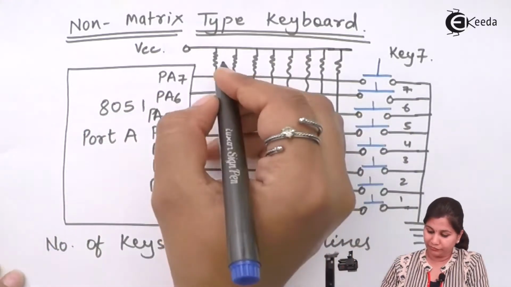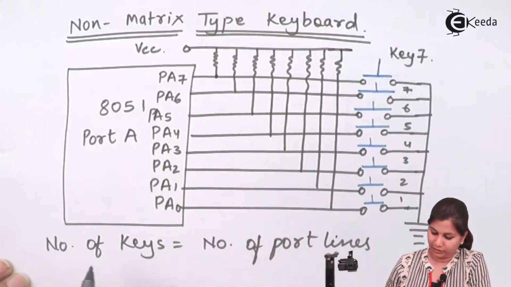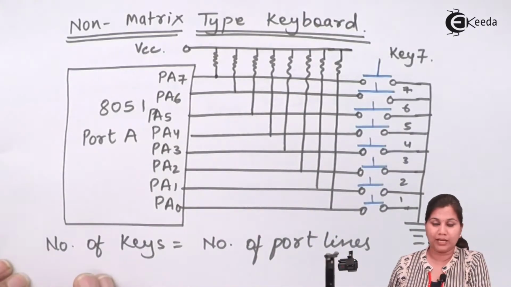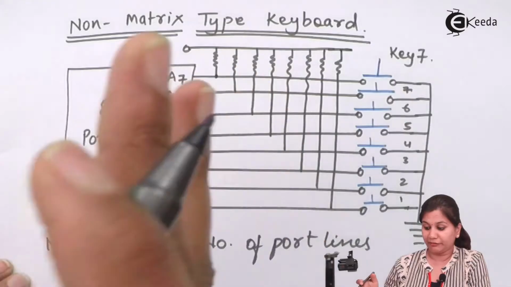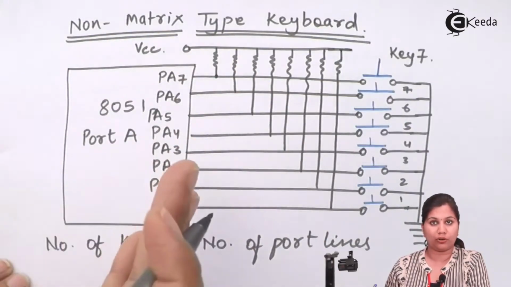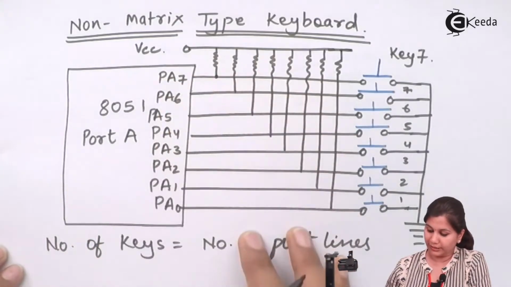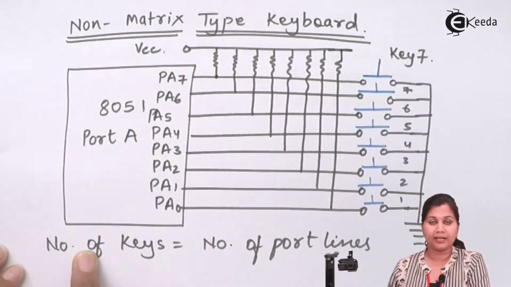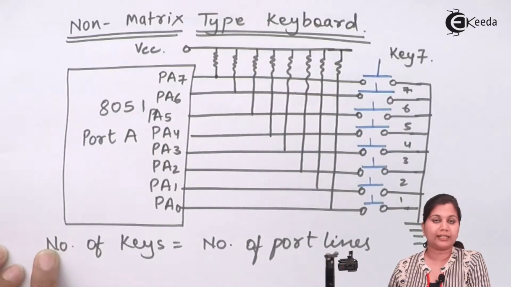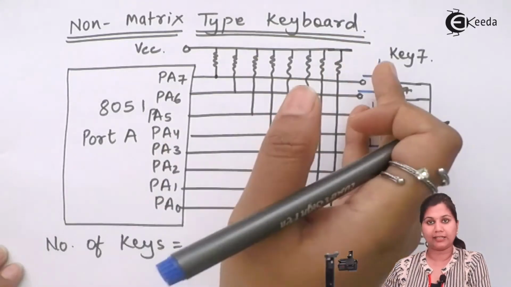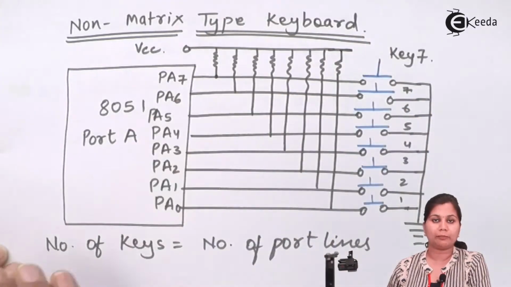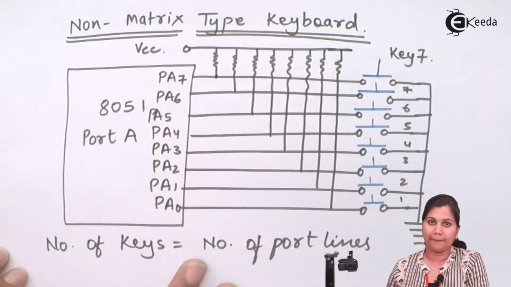Okay, now if we connect all these lines with a NAND gate, how are we going to identify whether the key is closed or not? To identify the key closure, all the lines will be connected with a NAND gate, and if the output of that NAND gate is high, it means that a key is closed. If it is low, it means that no key is being pressed.